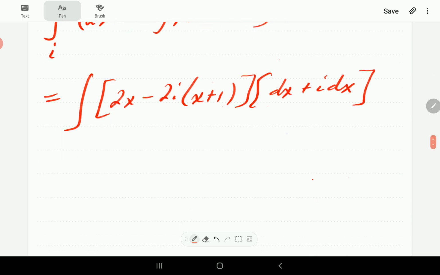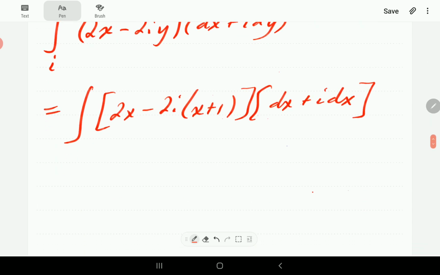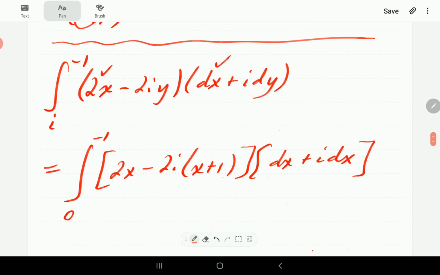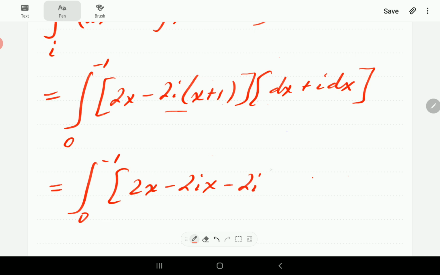Then the limits of x along the contour: x at the beginning is 0 and x at the end of the contour is -1, so 0 to -1. Then if we remove brackets here, 0 to -1, we're going to have 2x minus 2ix minus 2i.